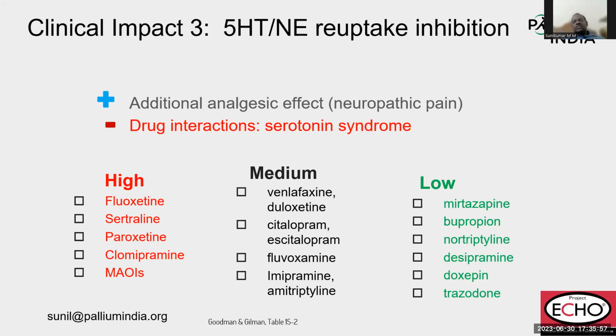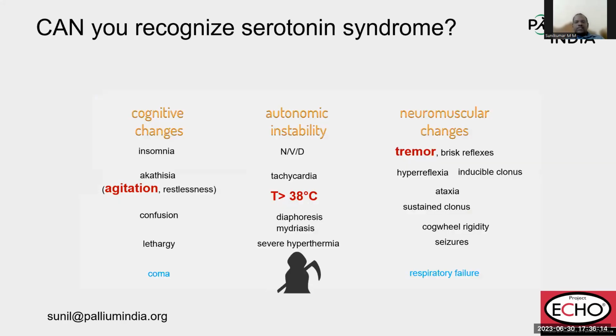This is not only a problem with methadone. If you think about tramadol or tapentadol, and you give them with fluoxetine or sertraline, there is also a chance of producing serotonin syndrome. So what is serotonin syndrome? It is a group of symptoms manifested by cognitive changes, autonomic instability, and neuromuscular changes.